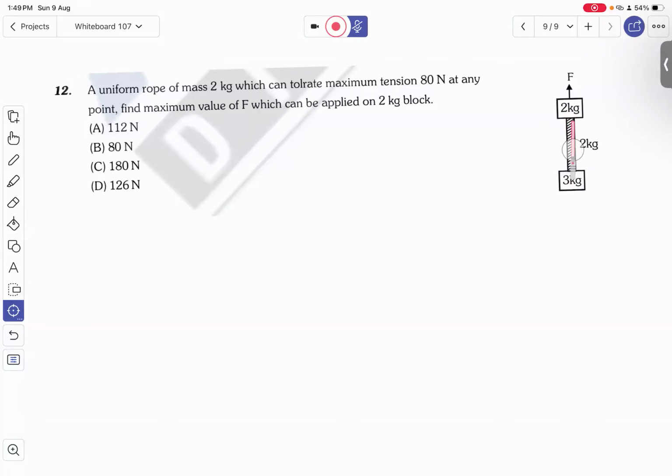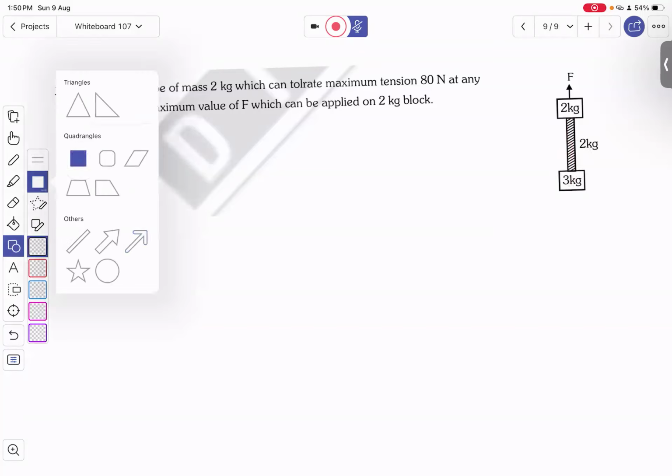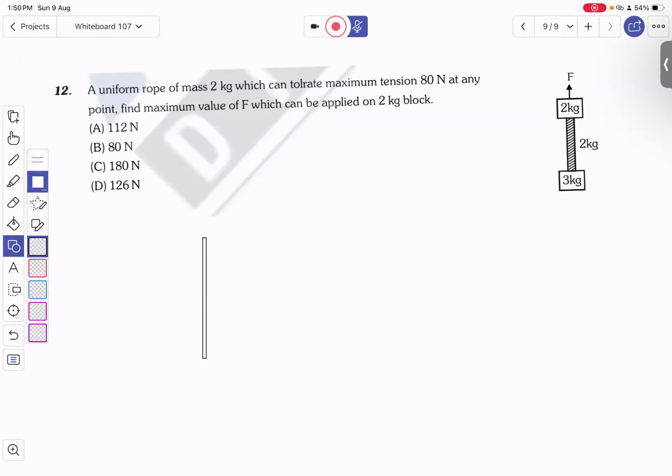Neck only, no? So do one thing, you decide at which point the tension will be maximum. We have done this question in the class, that hanging rope one. So tension was maximum at the top or not?